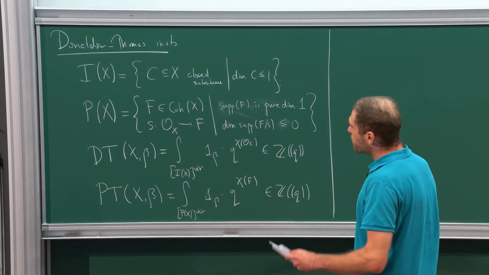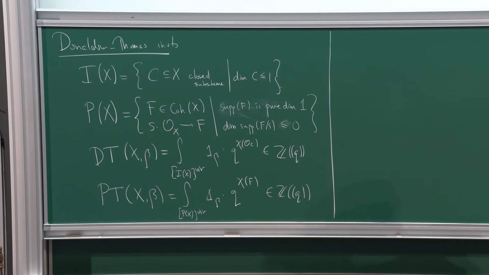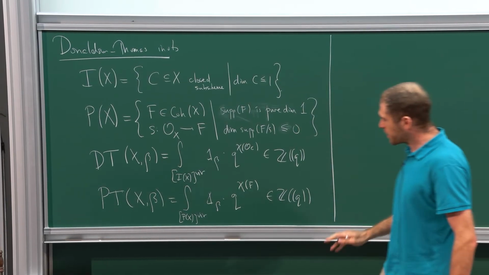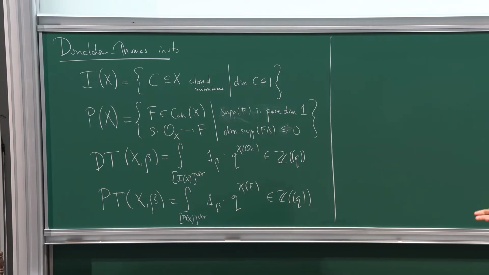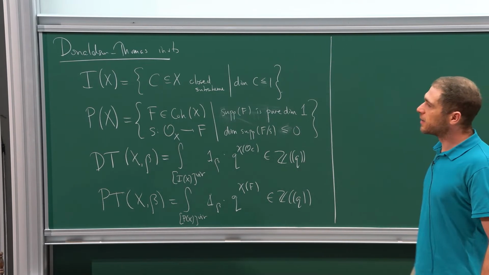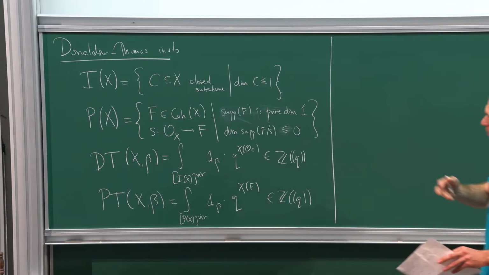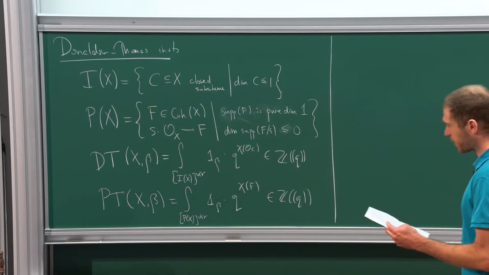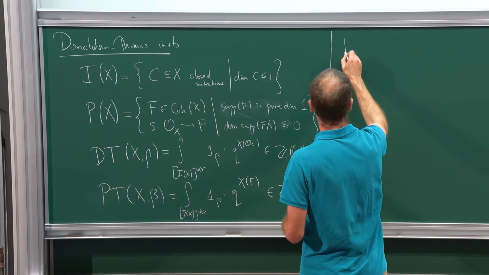Okay, so these invariants have been calculated in many situations, far beyond what I understand, at least. And all of these calculations suggest that any way you can possibly count curves in dimension 3 on smooth projective varieties are equivalent, in the sense that the generating functions are related by some change of variables. But proving this has proved to be a challenge.